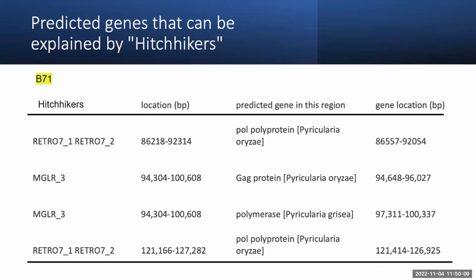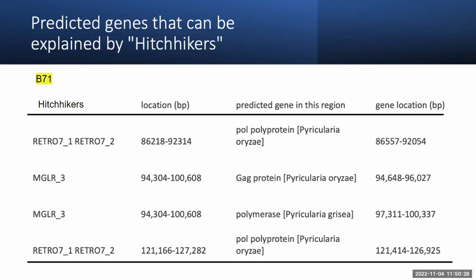So moving forward, I went about identifying the hitchhikers that explain some of the genes that were seen inside of the Starships. I began with B71, and this is kind of how I set it up. I found the hitchhikers, which are the other transposons. We're insulting them. So they're like riding along.